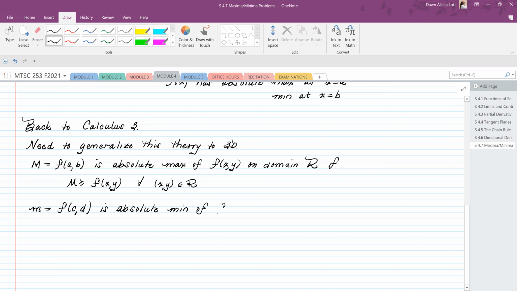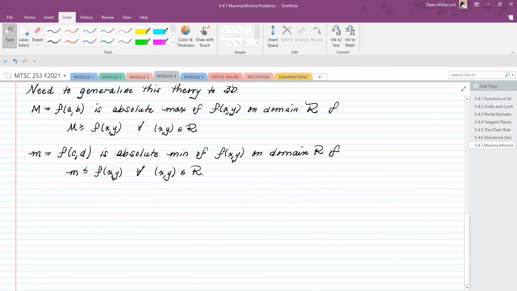of f of x, y on the domain R, if little m is less than or equal to f of x, y for all x, y in my domain R. Okay? So I'm going to do a theorem.